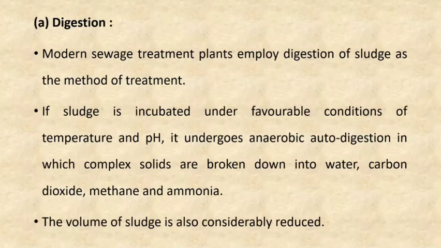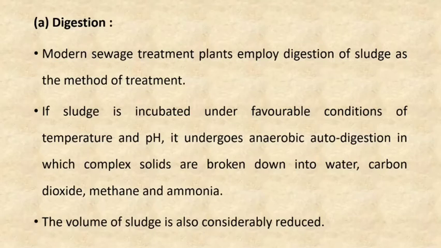Here, if the sludge is incubated under favorable conditions of temperature and pH, it undergoes anaerobic autodigestion, in which complex solids are broken down into water, carbon dioxide, methane, and ammonia.